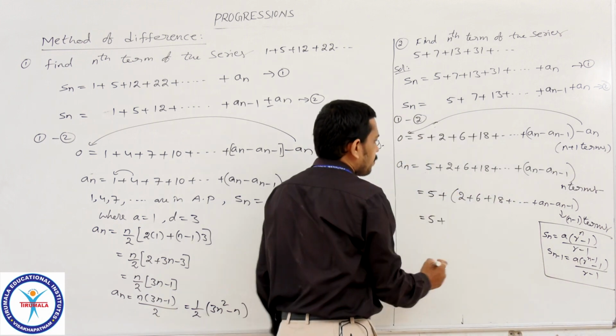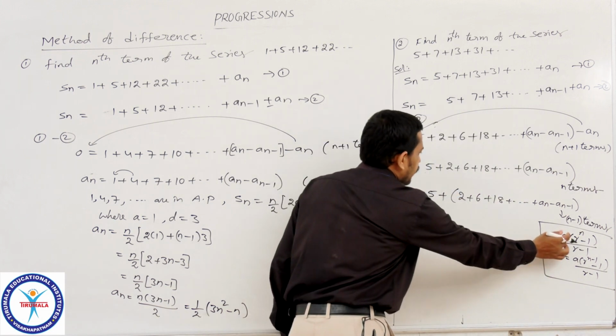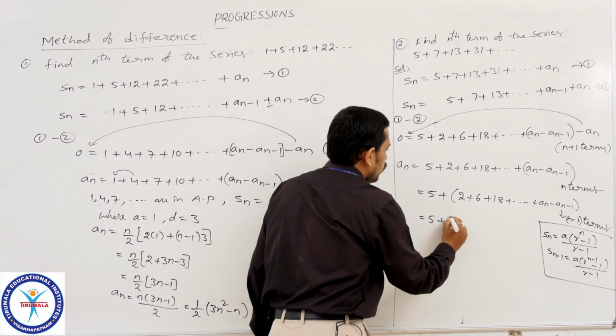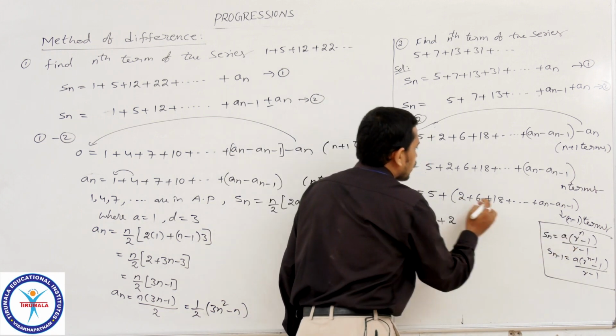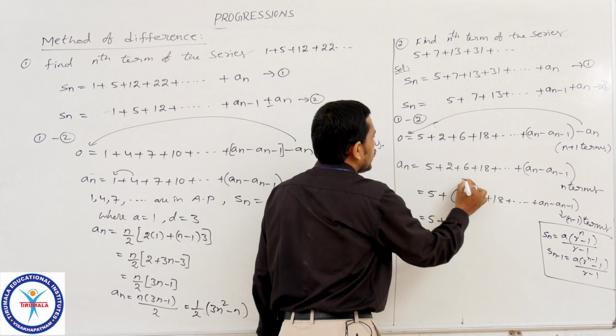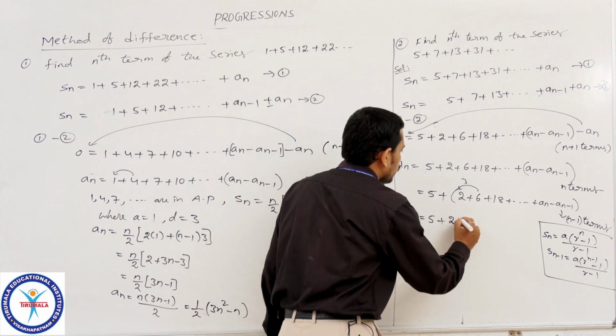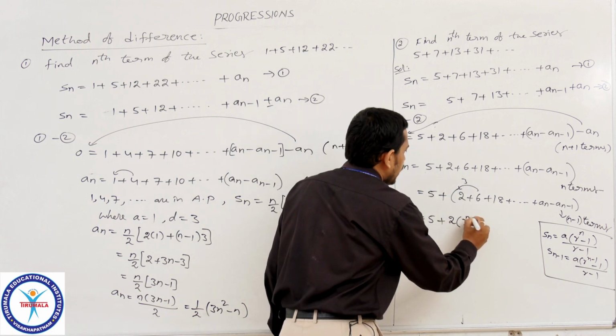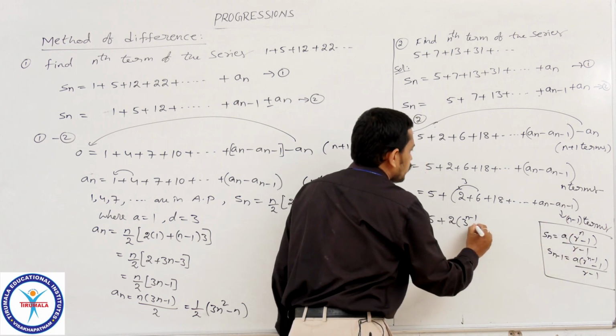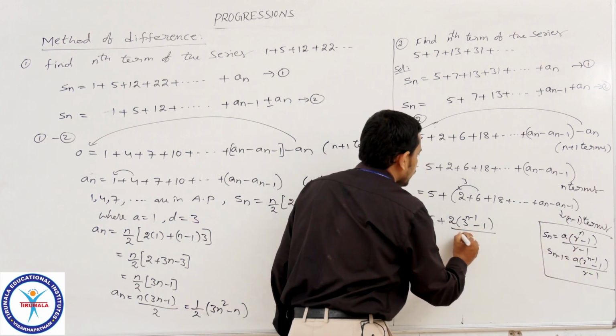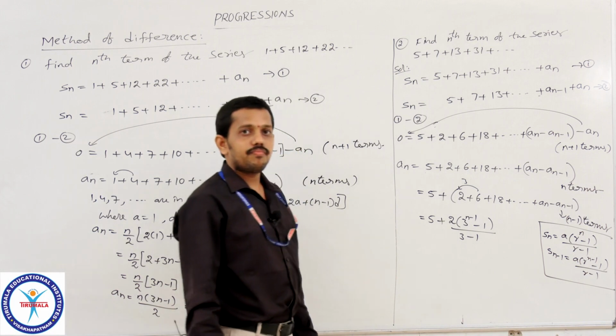So, here we apply the Sn formula. Here what is A? First term 2, into, the common ratio is 3. So, 2 into 3 power n minus 1 minus 1, by 3 minus 1.